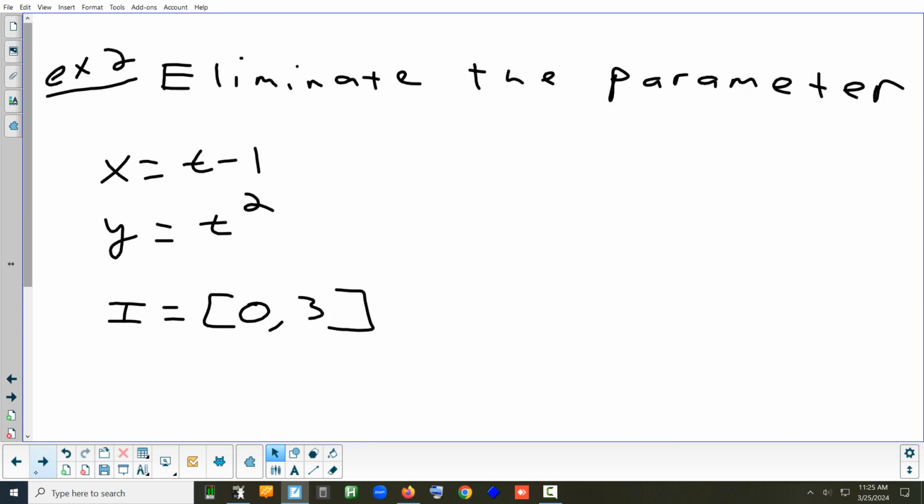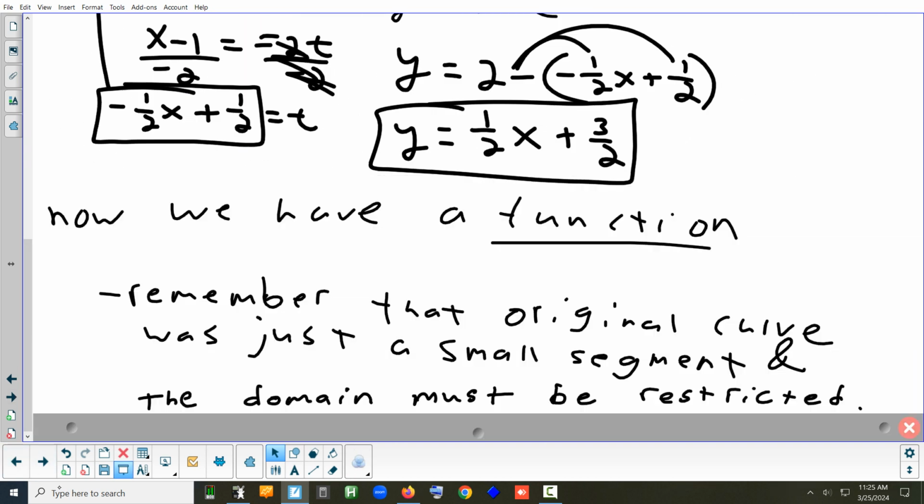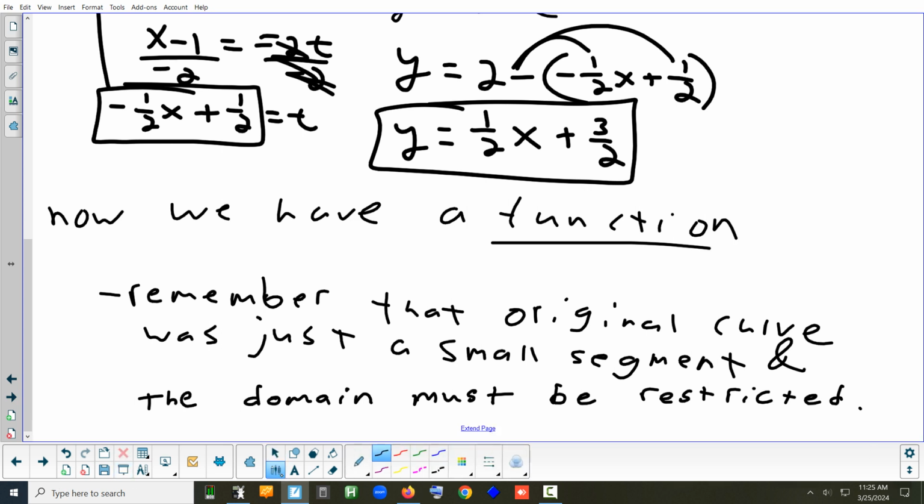So let's go back to our answer. Now we have a function, but remember, your answer needs to be restricted. If you don't write down the restriction, you won't get it fully right.